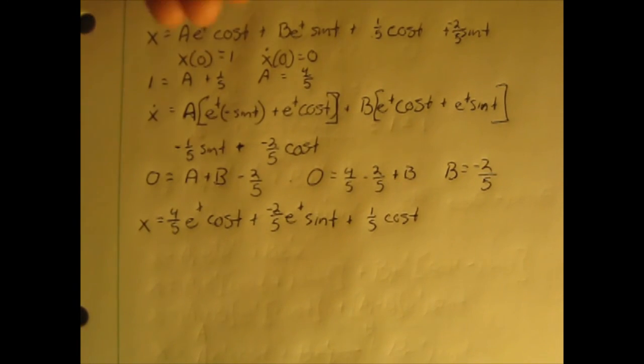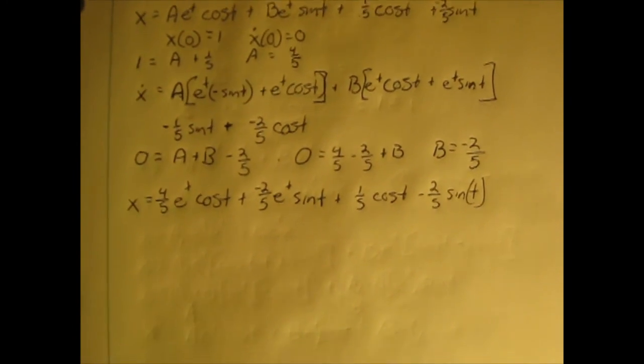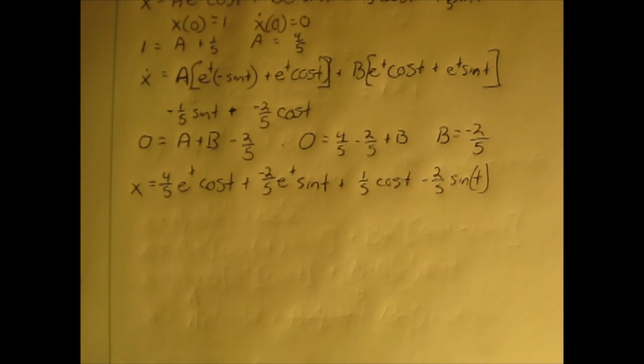So we have that so far. And then finally, minus 2/5 sine t. So that right there, ladies and gentlemen, is the solution to that differential equation with that forcing function of cosine of t.